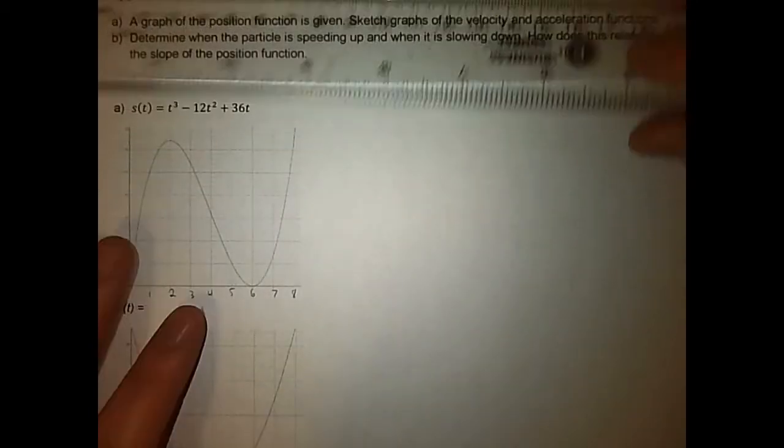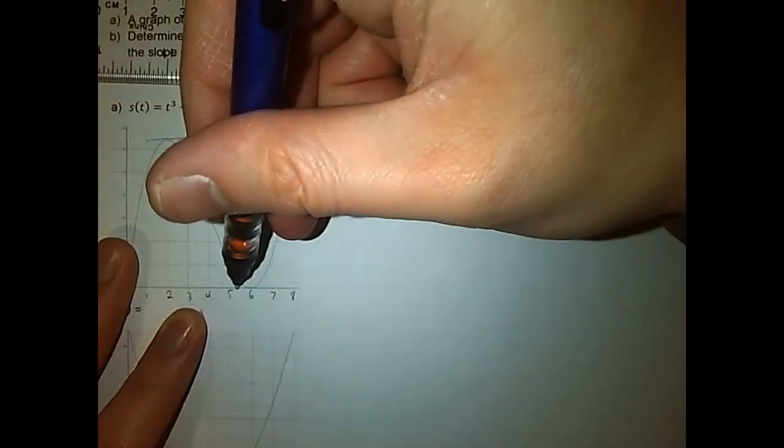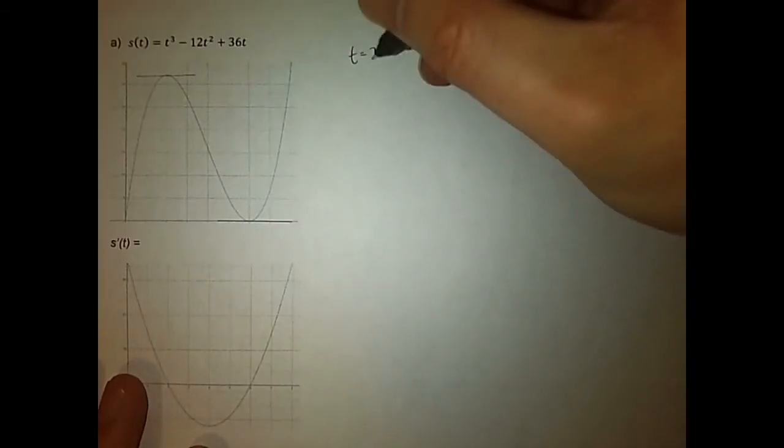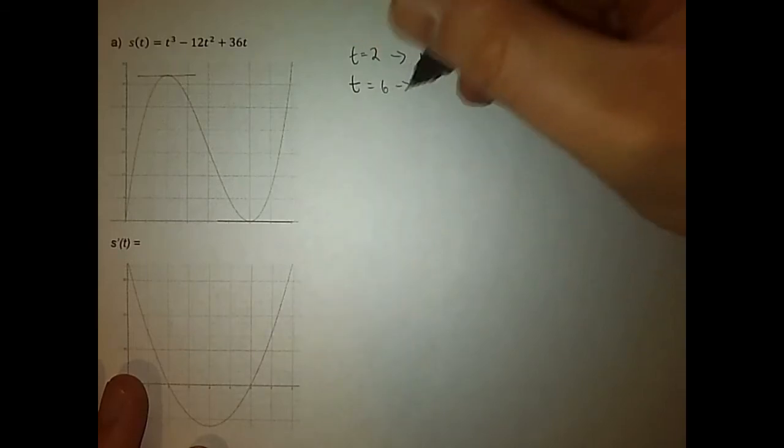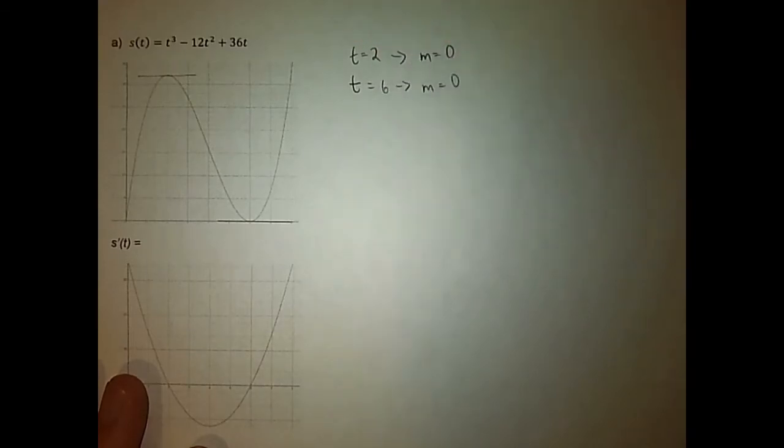I can see at this point and here, at these max and min values. If I find the slope of the tangent lines at these max and min values, we're going to have a slope of 0. So we can see that at t equals 2 we have a slope of 0, and at t equals 6 we have a slope of 0.